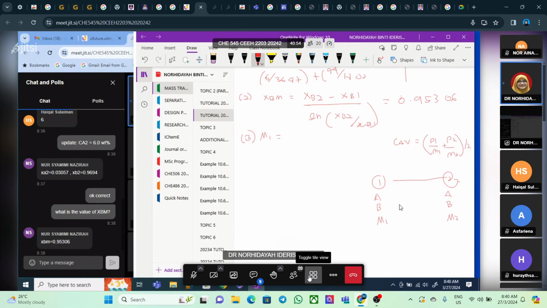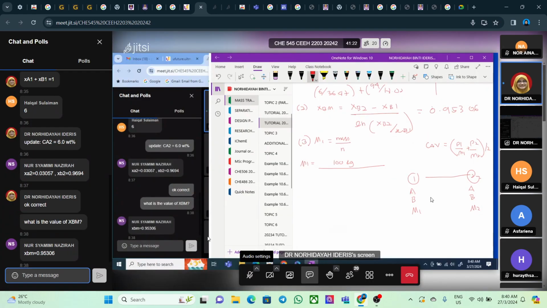So M1 molecular weight is defined as a berat mass bahagi dengan kilogram mole. Alright, so in order for us to calculate the M1, then the mass here we assume that it's a 100 kilogram solution, kan? Just now we assume that it is a 100 kilogram. So bahagian bawah ni, the denominator part is in a kilogram mole. So how do you want to get a kilogram mole?